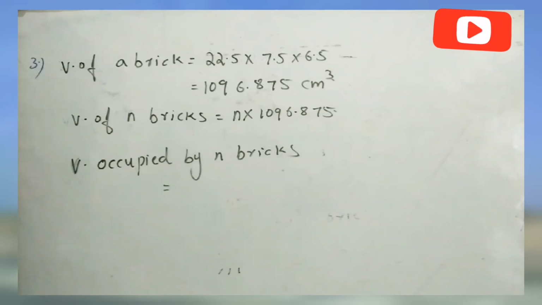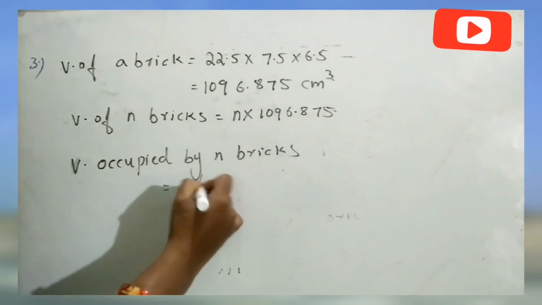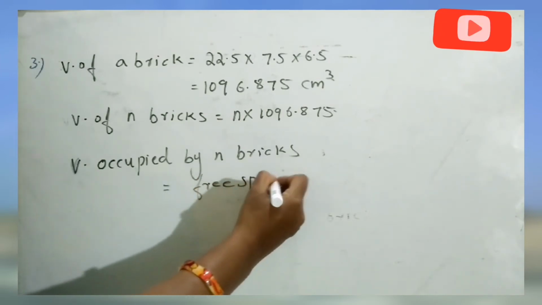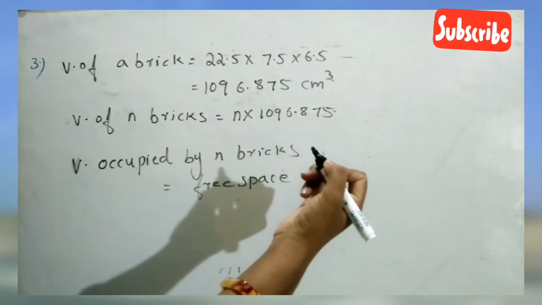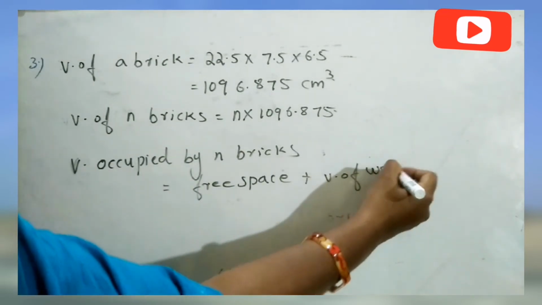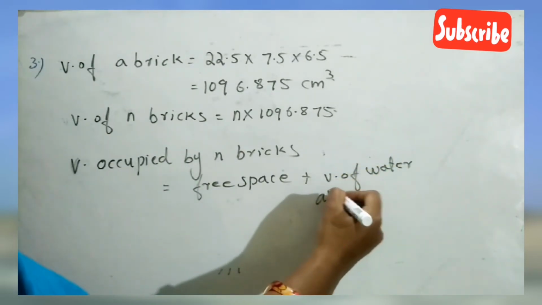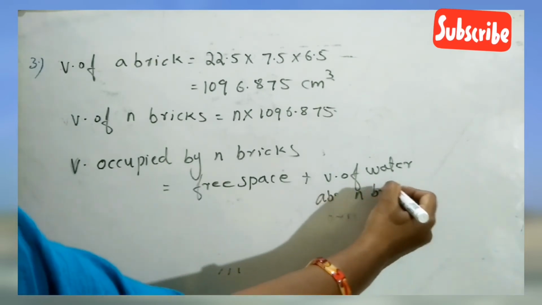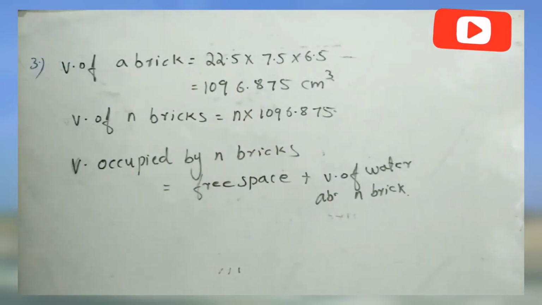That is actually equal to free space plus volume of water absorbed by n bricks. So volume occupied by n bricks is equal to free space plus volume of water absorbed by n bricks.